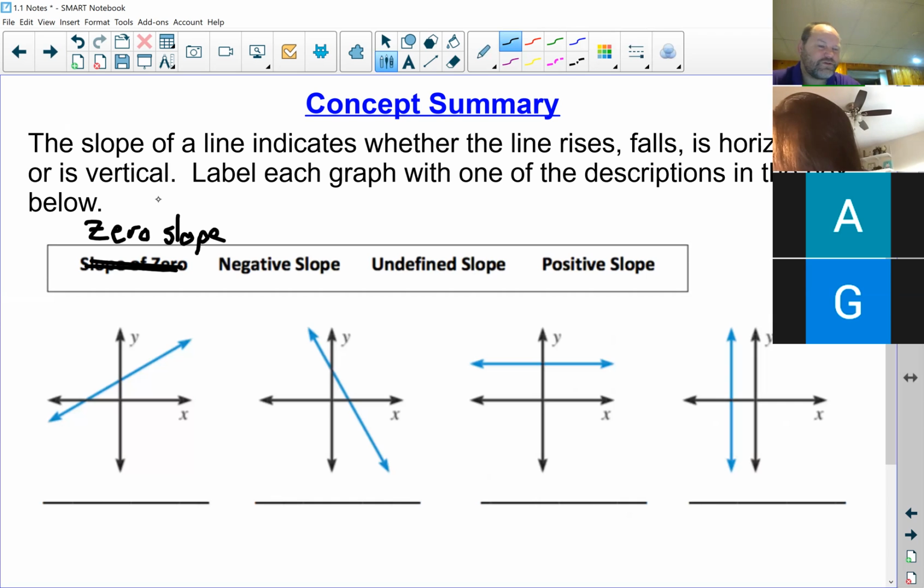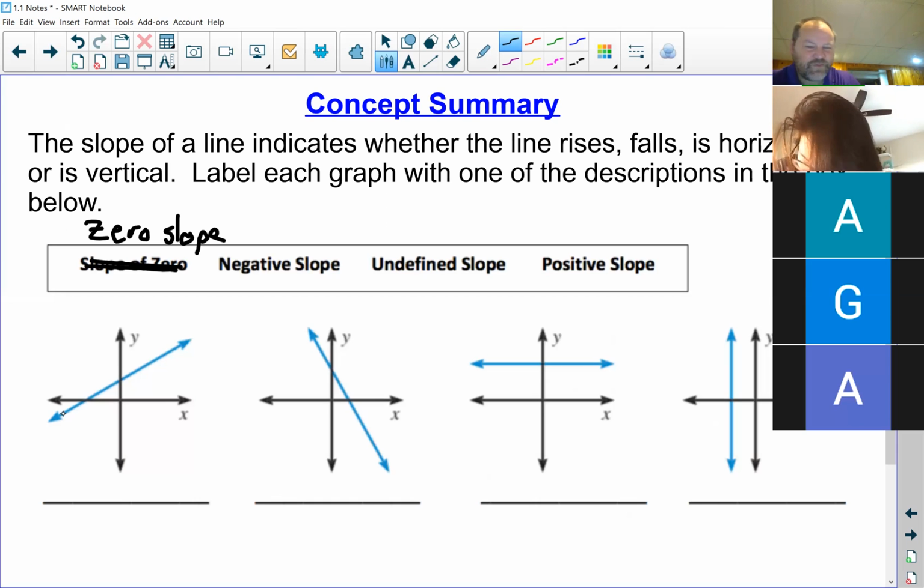All right, so this first line, one on the far left, is that zero slope, negative slope, undefined slope, or positive slope? Positive. It is positive. Excellent.